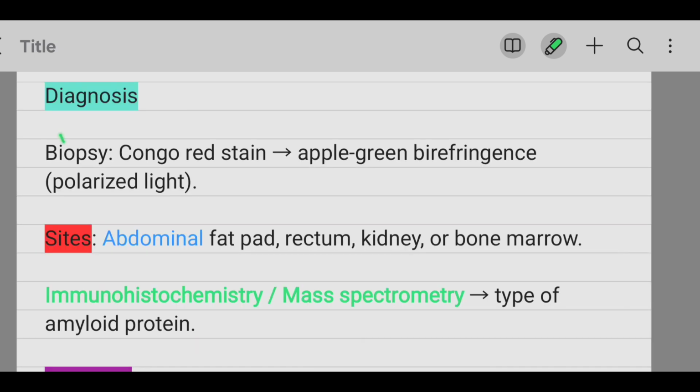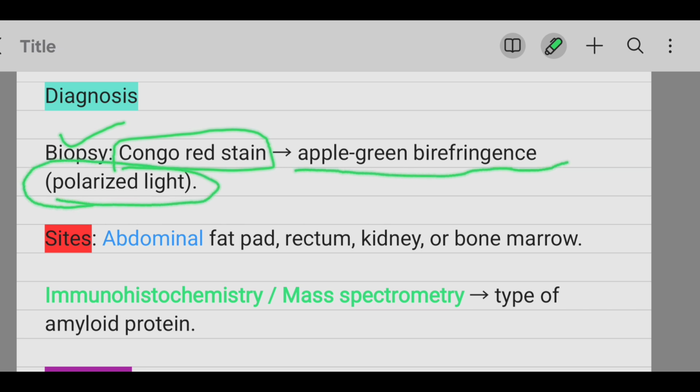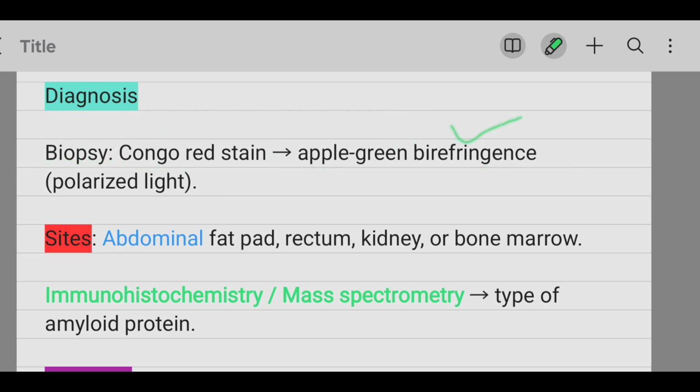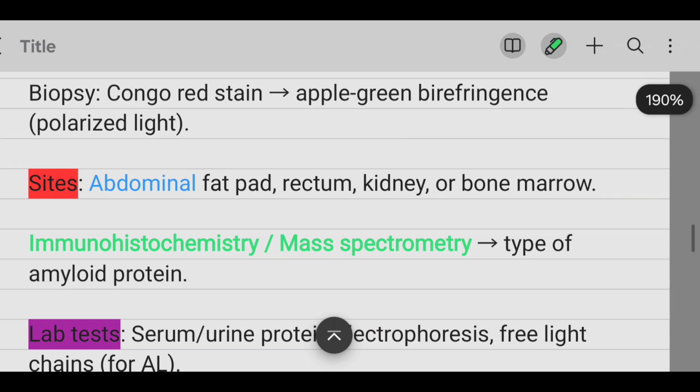How will you diagnose this condition? You will do biopsy and use this Congo red stain. It leads to apple green birefringence on polarized light microscopy. So these fibrils appear apple green birefringence on Congo red stain on polarized light microscopy. What are the sites from which biopsy can be taken?